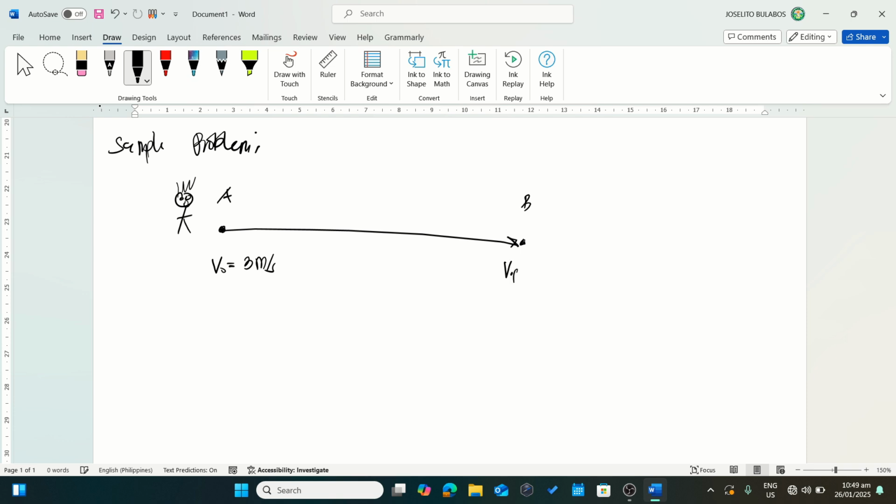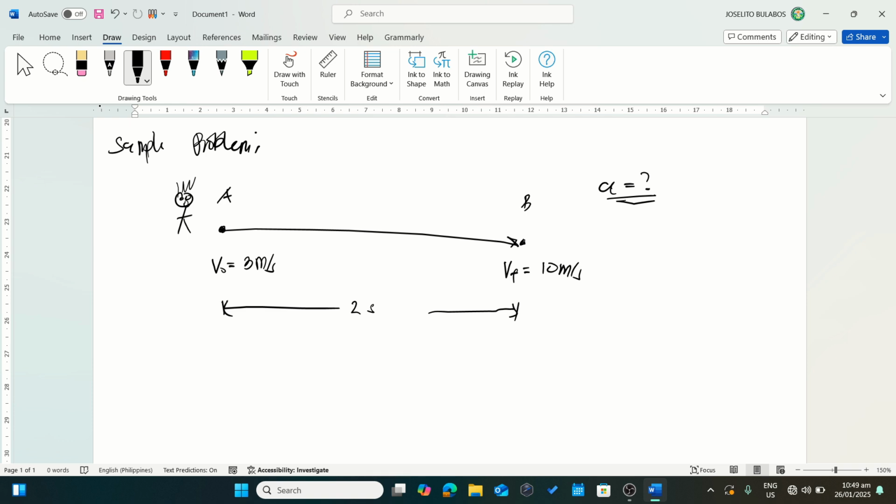Now the final velocity is 10 meters per second. Let us assume that it takes about 2 seconds for this boy to change from 3 meters per second to 10 meters per second. The question here is how much is the acceleration of the boy?